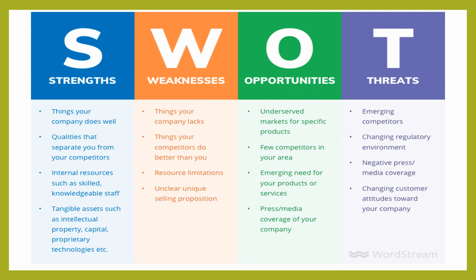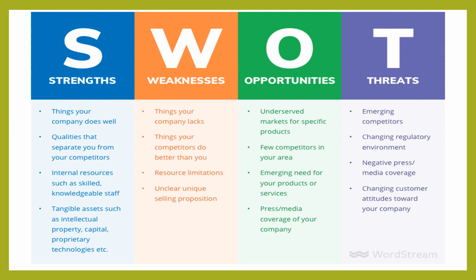SWOT: strengths, weaknesses, opportunities, and threats. Strengths: things your company does well, qualities that separate you from your competitors, internal resources such as skilled, knowledgeable staff, tangible assets such as intellectual property, capital, property, technologies, etc. Weaknesses: things your company lacks, things your competitors do better than you, resource limitations, unclear unique selling propositions.